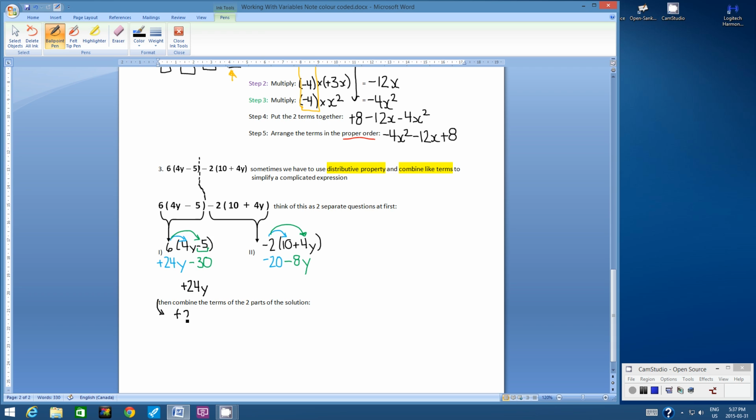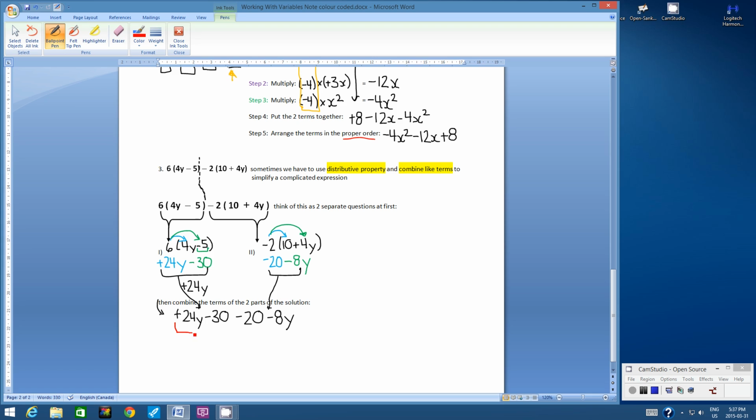So we have positive 24y minus 30. That's this part right here. And then we have minus 20 minus 8y. That's this part right here. So we combine the two parts of our solution.